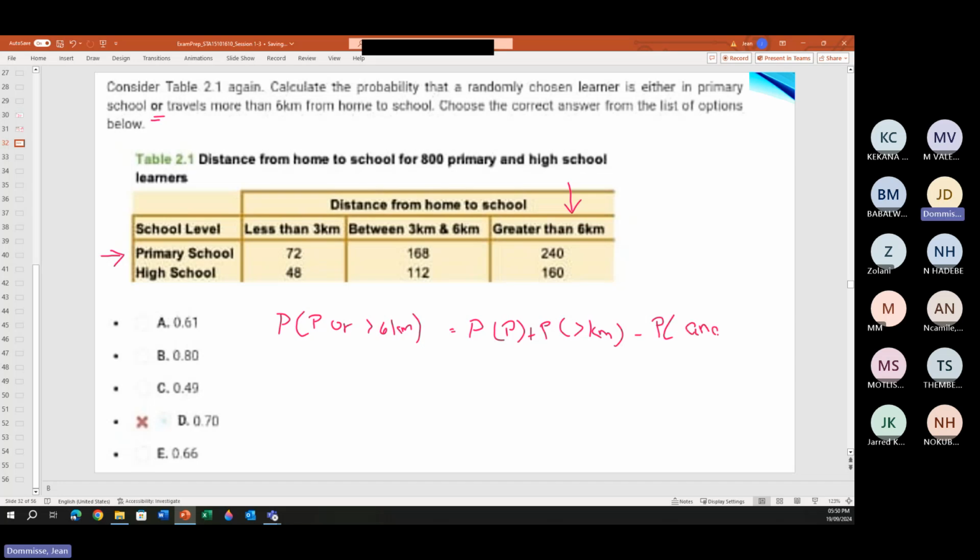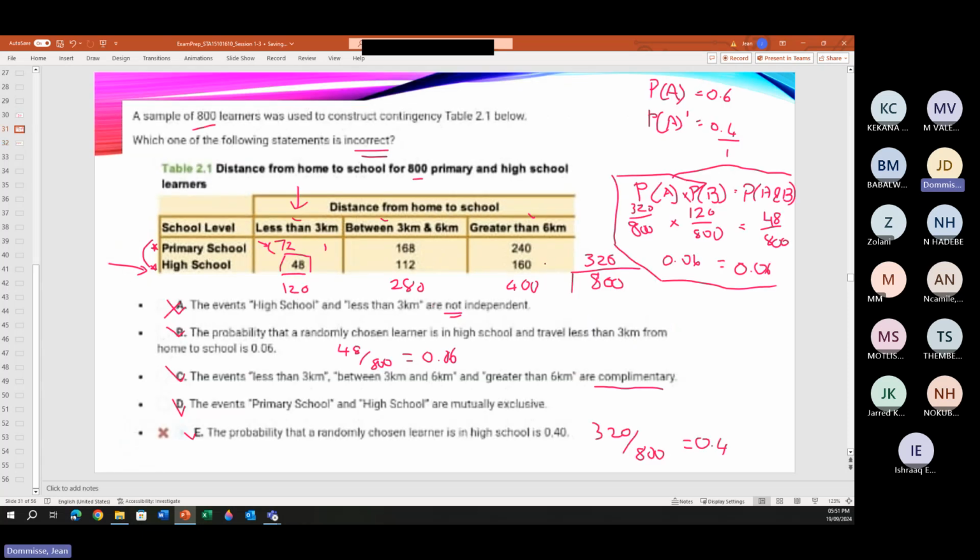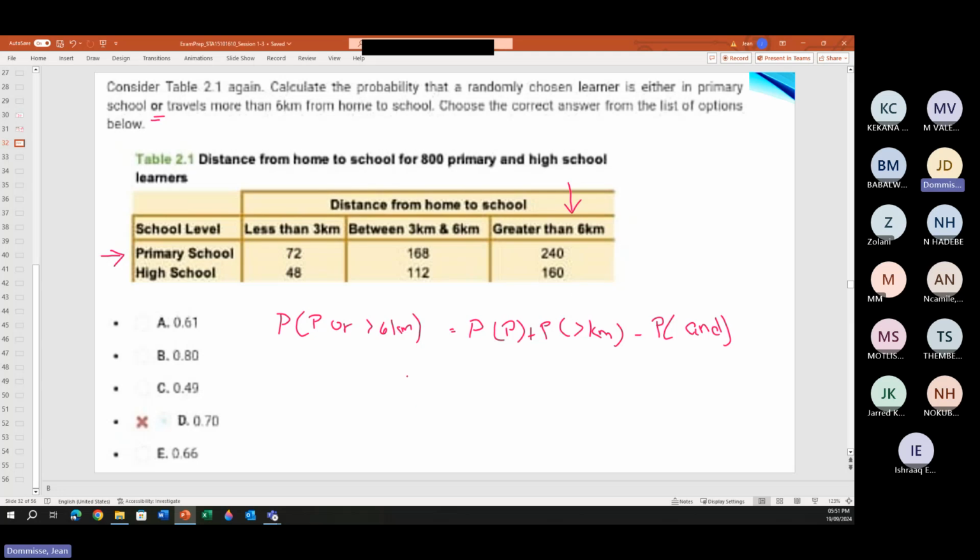Okay, so that is how the traditional OR function looks like. So probability of one plus the probability of the other one minus the probability of the and. Yes, we had it there, but let's just sum it up again.